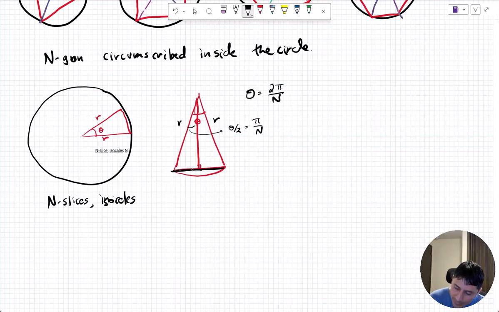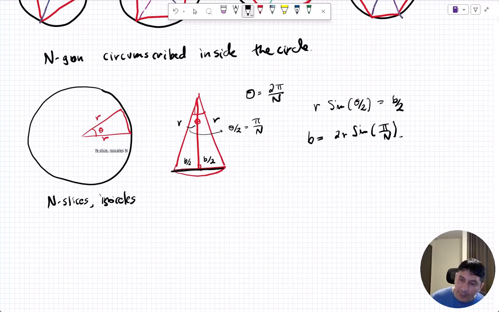I can calculate this length using the sine formula. So sine of theta over 2 times r is going to be b over 2, the base over 2. So this means that the base itself of this isosceles triangle is going to be twice r sine of pi over capital N. Now, there's capital N slices.